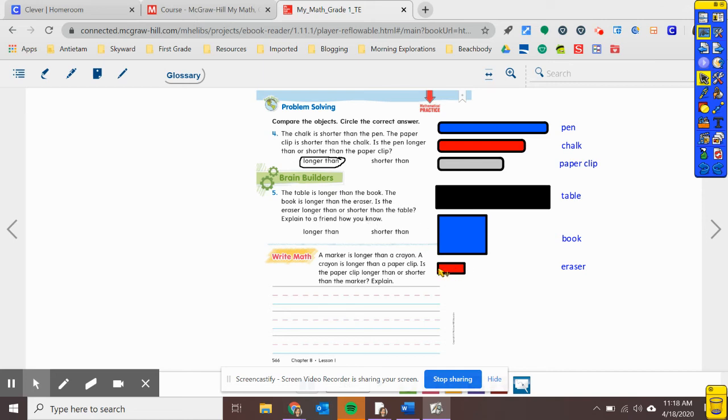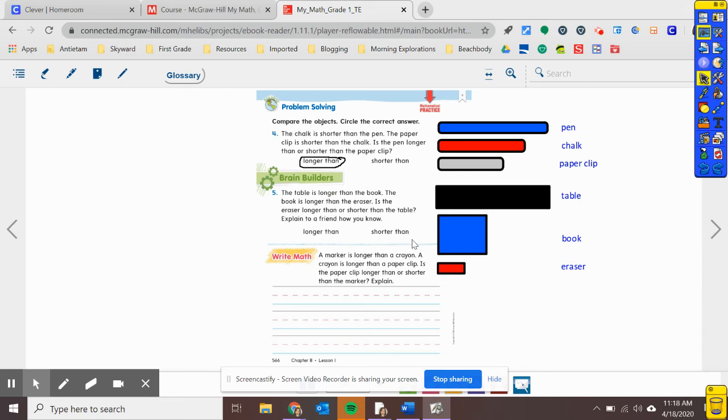Okay, so here's the object I'm looking at first, the eraser. Is it longer than or shorter than the table? I'm going to draw a line straight up from the end of my eraser. Whoa, I see the table is much longer, which means the eraser is what? I want you to think, is it longer than or shorter than?